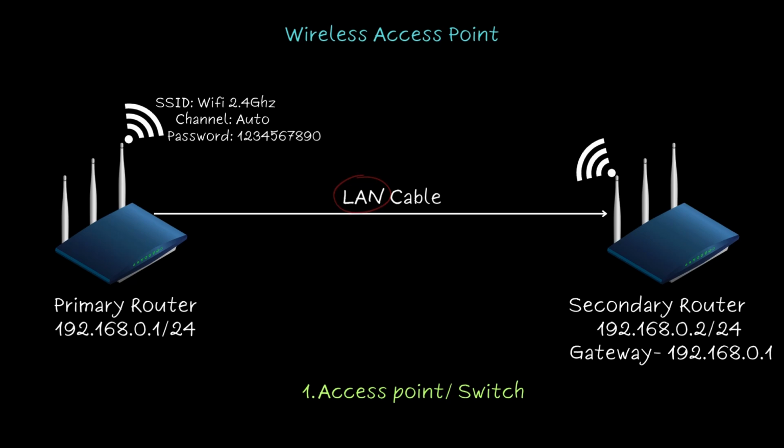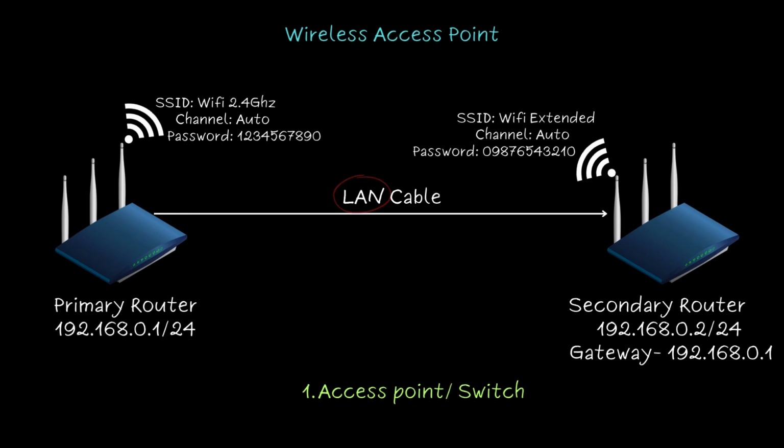Okay, now keep in mind, there are three modes that you can use in this AP mode. The first mode is when the primary router's SSID and password for the Wi-Fi is different from the secondary router's Wi-Fi SSID and password. That means we'll be creating two different Wi-Fi networks, but they will be in the same network.